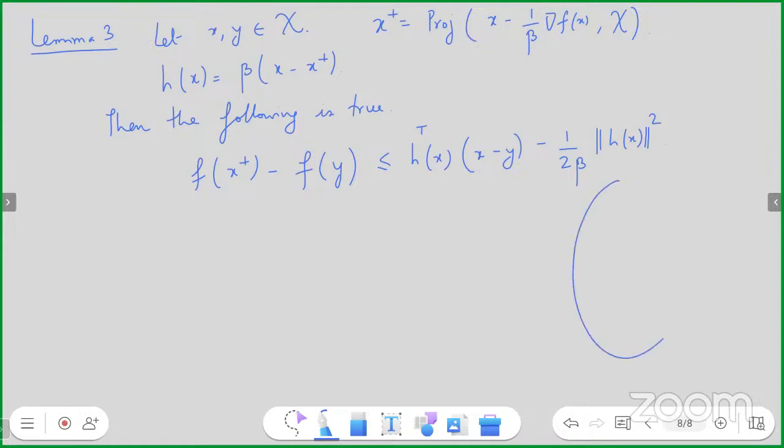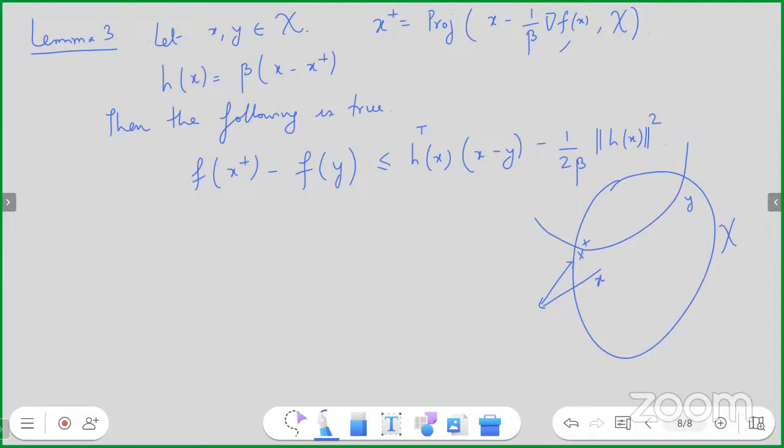So let's see, pictures might be interesting. So take any x and y. So x is here. x minus 1 by beta del f. Just for illustration, let this be x plus. What is it saying? That f of x plus minus f of y. So suppose the function was of this type. This is the valuation of f of x plus minus f of y. What is this less than or equal to?